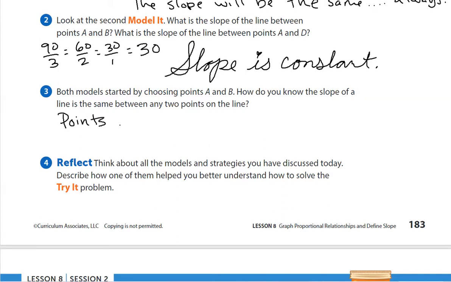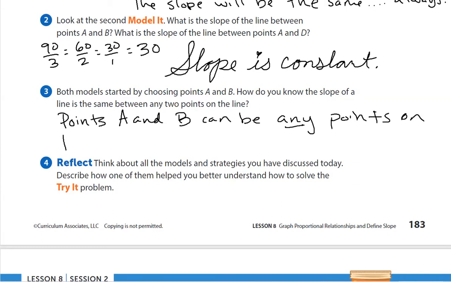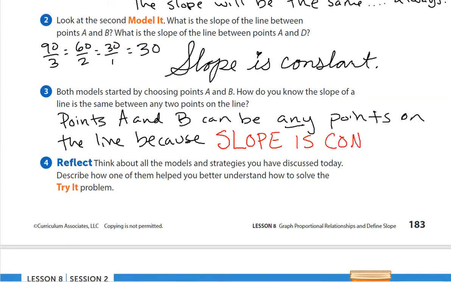Points A and B can be any points on the line, because, say it with me now, slope is constant.